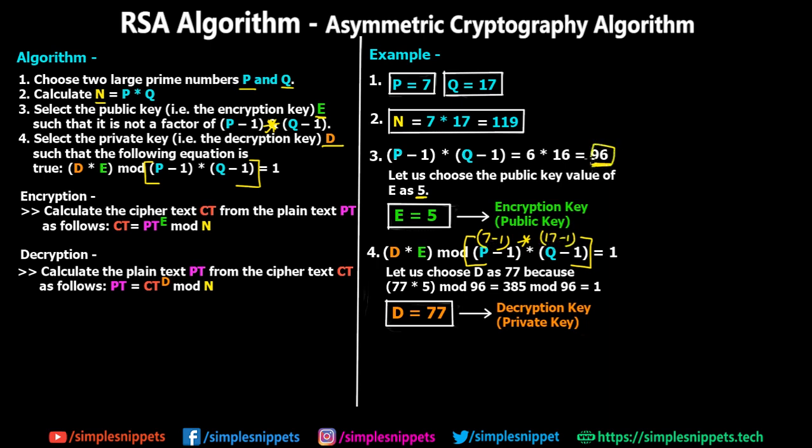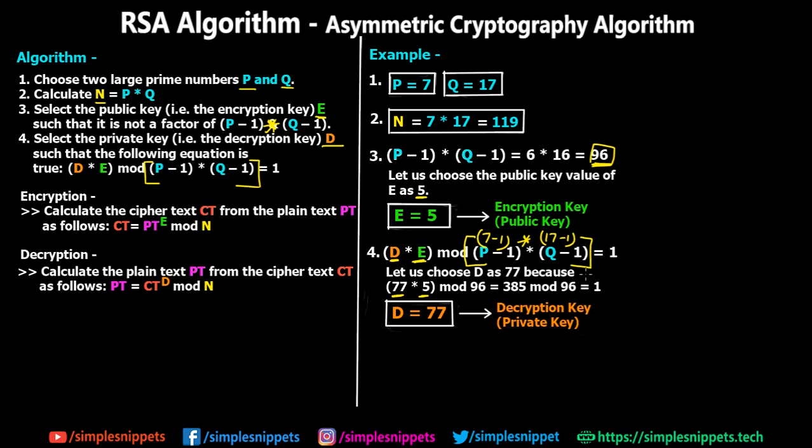You can see it over here also. So that's why 77, the d value that we are assuming, we have put over here. E we've already calculated as 5, and mod 96 is this part, which is equal to 385 mod 96, which gives us 1.